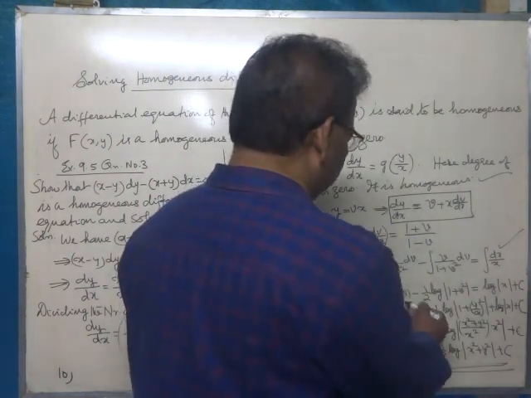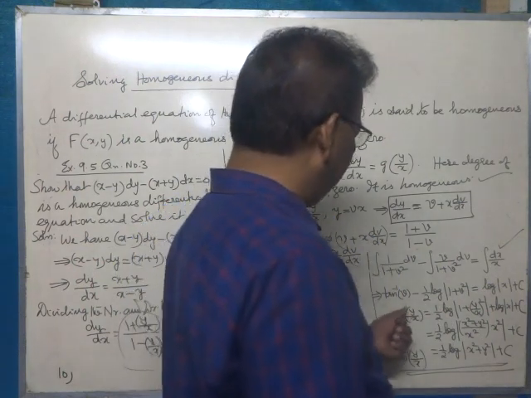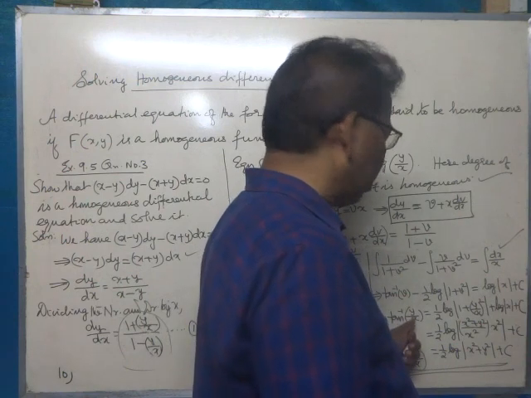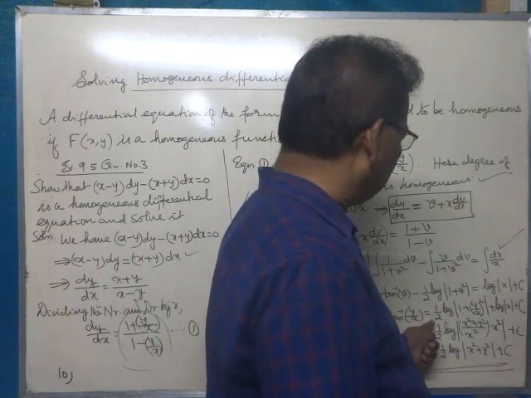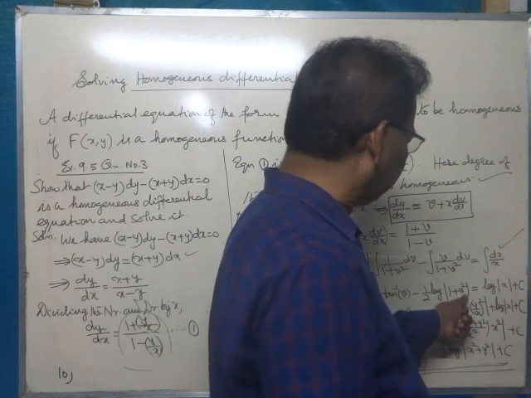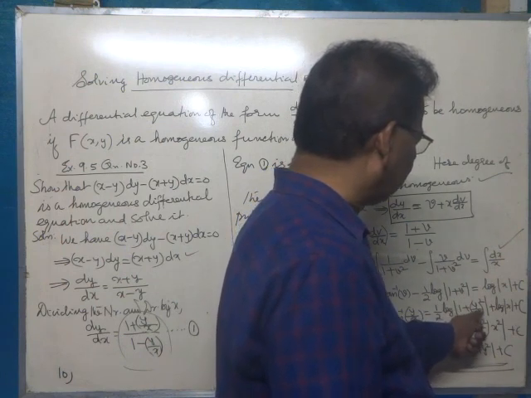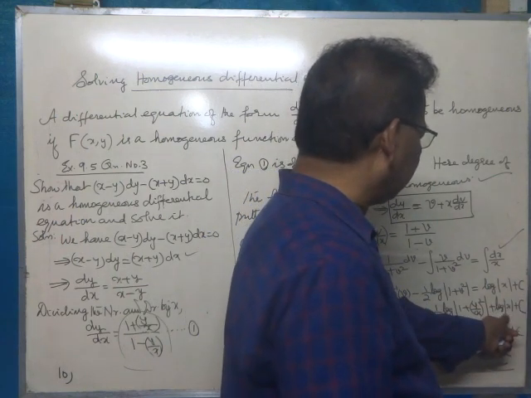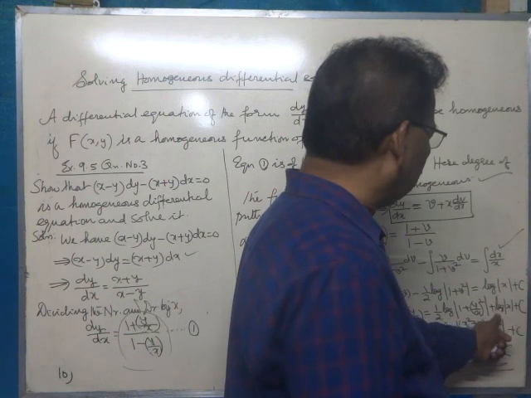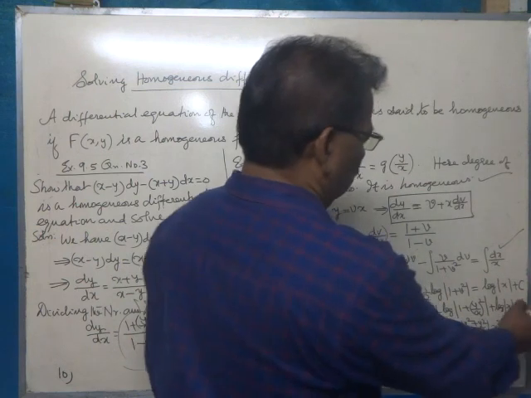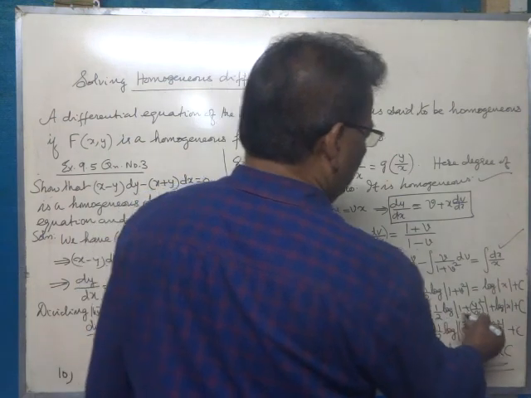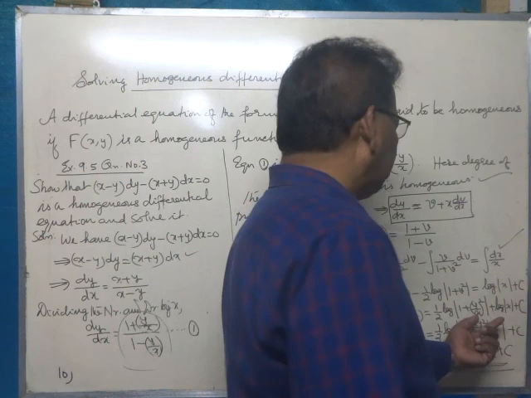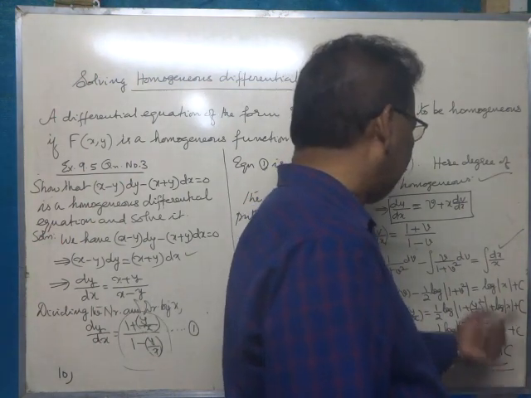Now v can be replaced. Tan inverse v can be written as tan inverse y by x is equal to half log (1 plus (y by x) all square), where v is replaced by y by x, plus log modulus x plus c. Now log modulus x can be combined: half log (1 plus (y by x) square) plus log x. Log a plus log b is equal to log ab.